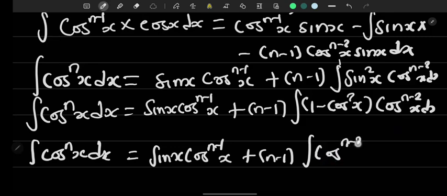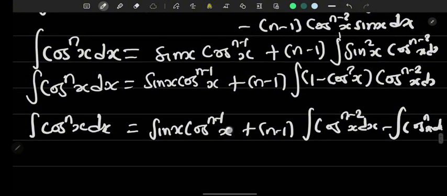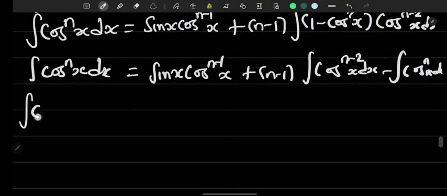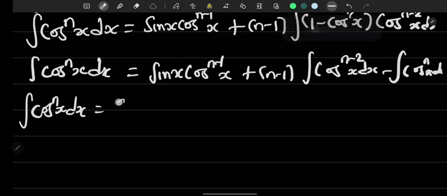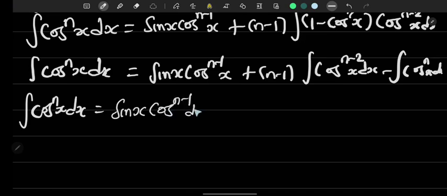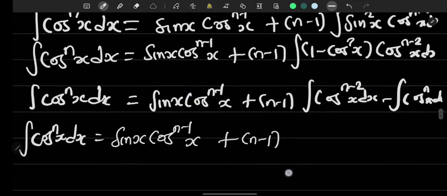That's going to be cos^(n-2) x dx minus cos^(n-2) x times cos squared x, which gives you cos^n x dx. Okay, so we have the integral of cos^n x dx equals sine x cos^(n-1) x, then plus n minus 1.